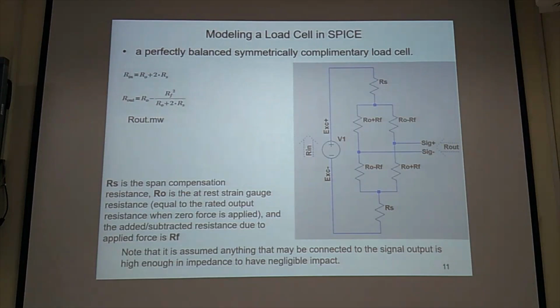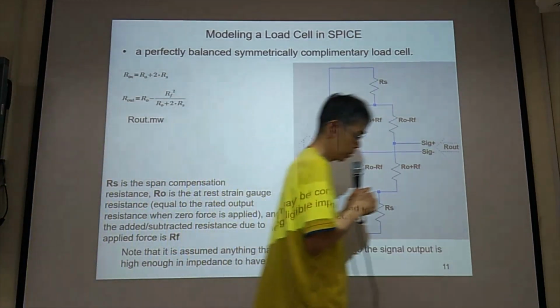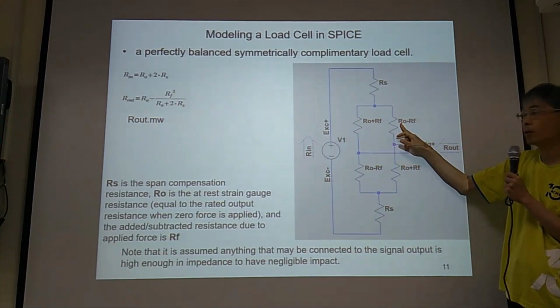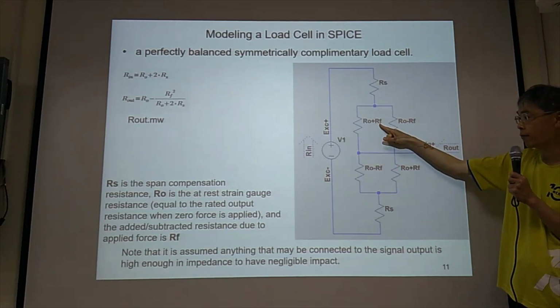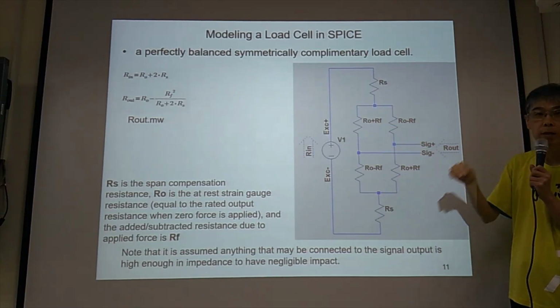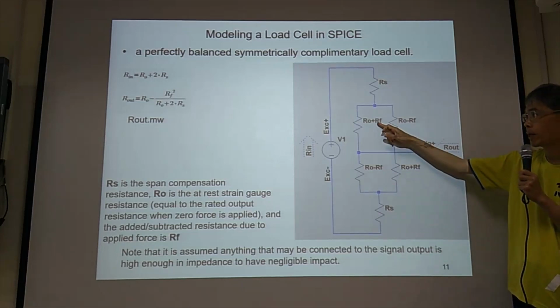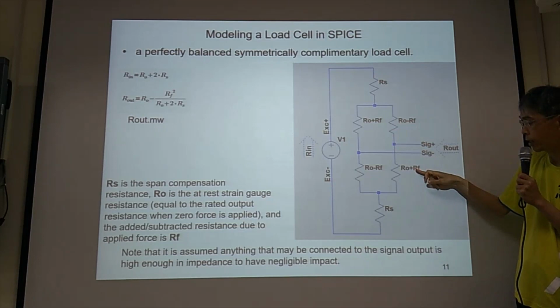Now, the key is the Wheatstone bridge for the sensing. For the Wheatstone bridge, these are all the initial resistance, and RF is the resistance variation. So plus RF, minus RF, minus RF, plus RF.